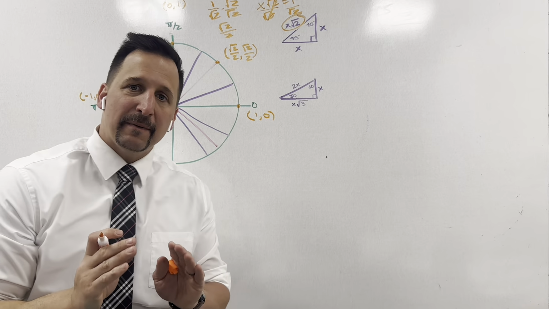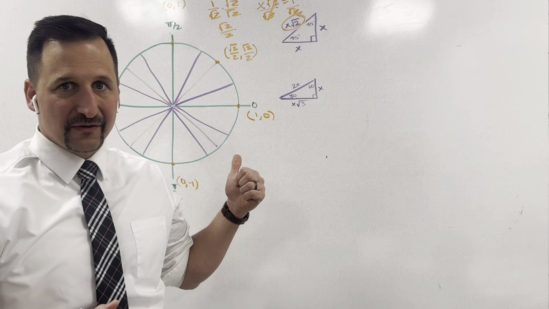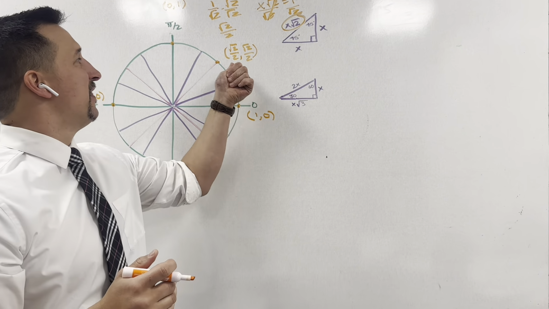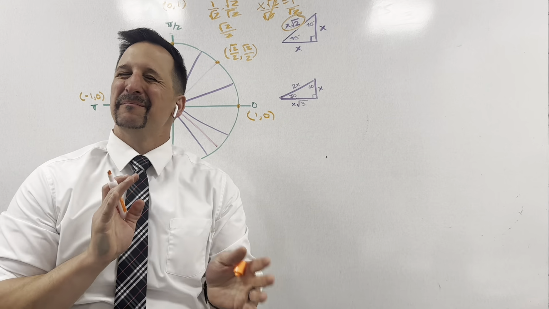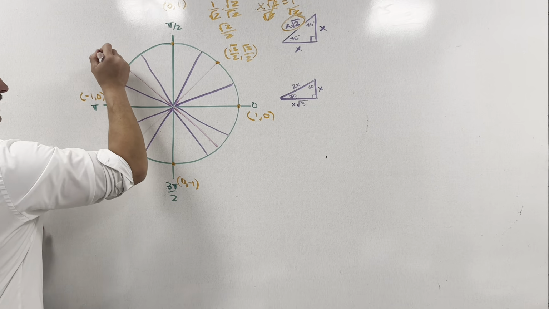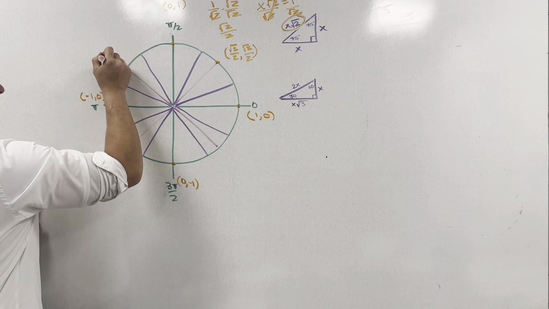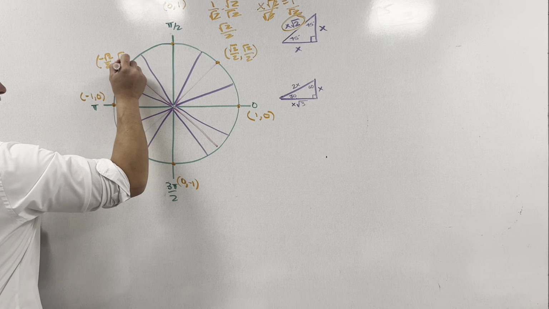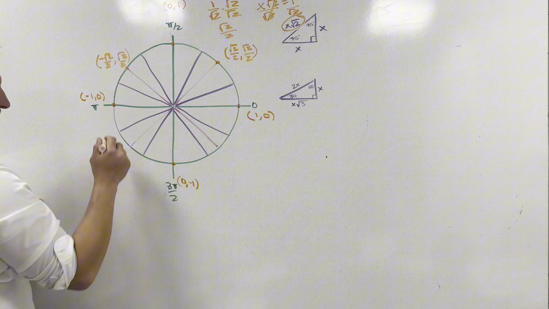Now, what's great about that is every 45-degree angle, or pi over 4 radian measure, is going to have this x and y value, maybe just negative or positive. So this one right here is going to be negative square root of 2 over 2, positive square root of 2 over 2. Because that's the negative x value, positive y value.